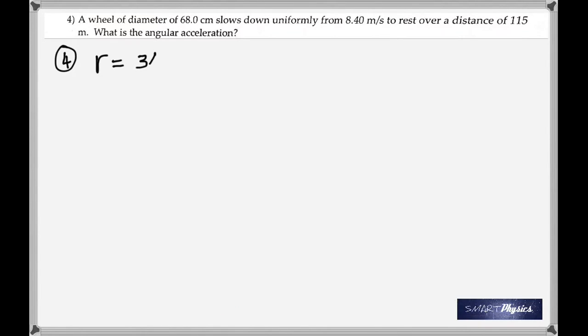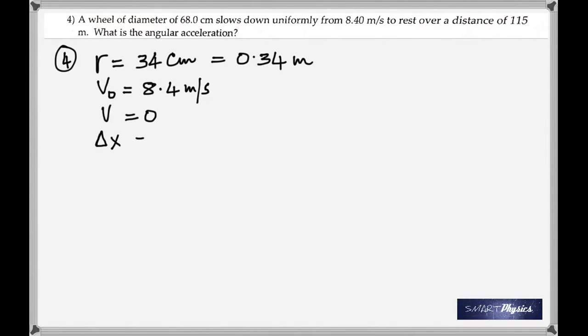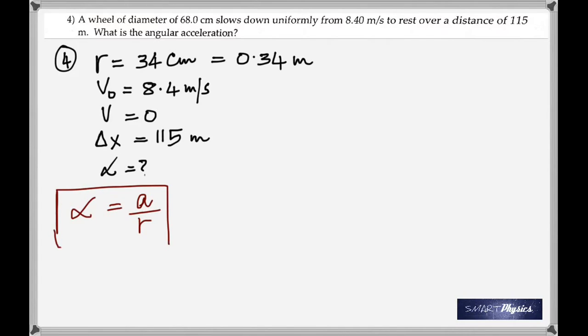So radius is 34 centimeters, 0.34 meter, V naught is 8.4, final velocity is 0, delta x is 115 meters. And I'm already giving you the final relation. Alpha is A by R, so find A using your kinematics equation.